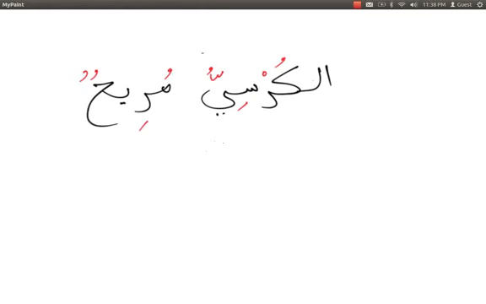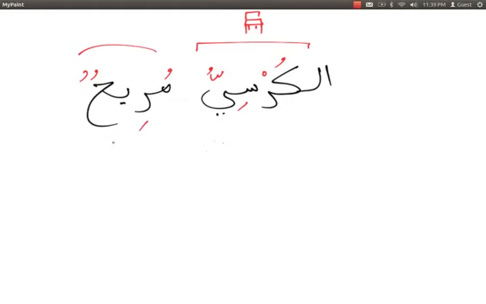Kursi, the first word, means a chair. Okay? Murih, this means comfortable. Now, someone is saying that the chair is comfortable. The sentence is the chair is comfortable.